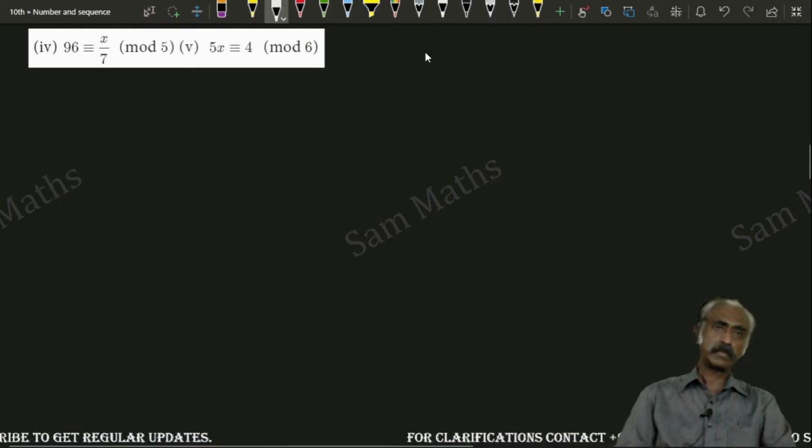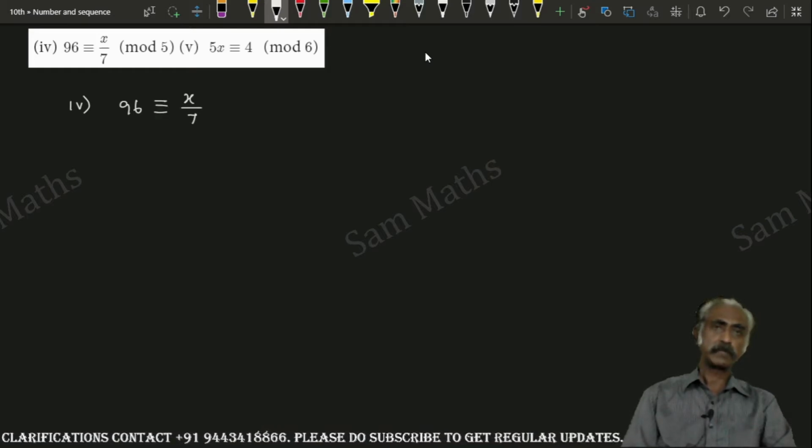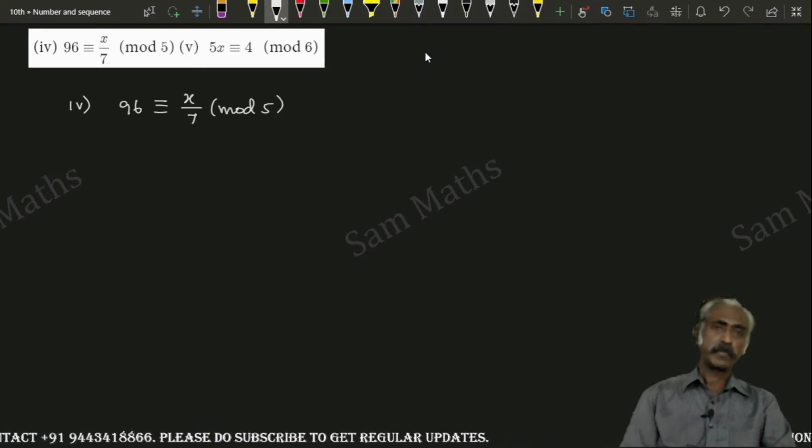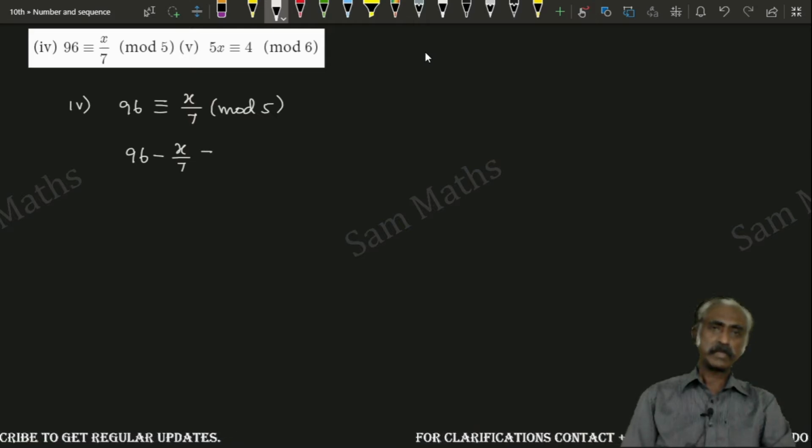Now the fourth subdivision, given 96 is congruent to x by 7 mod 5. This we can write as 96 minus x by 7 equal to 5k.